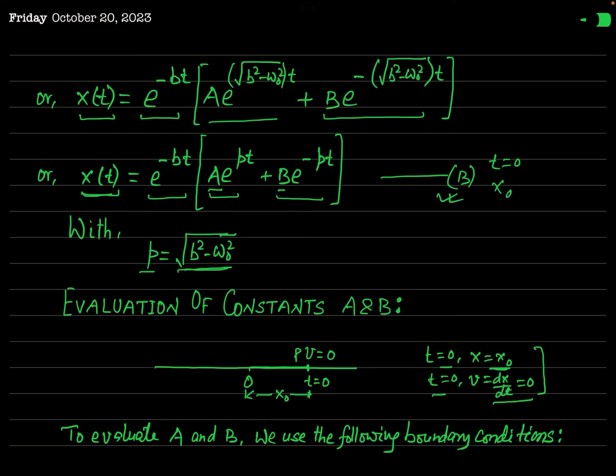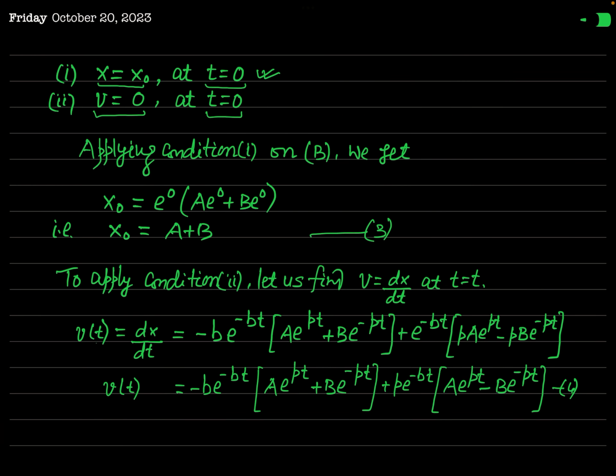When you put t equal to 0, all the exponential terms will have power 0, and you know e to the power 0 is 1. So all exponential factors become 1, and x is now x naught. So our result will be x naught equal to e to the power 0 times a times e to the power 0 plus b times e to the power 0.